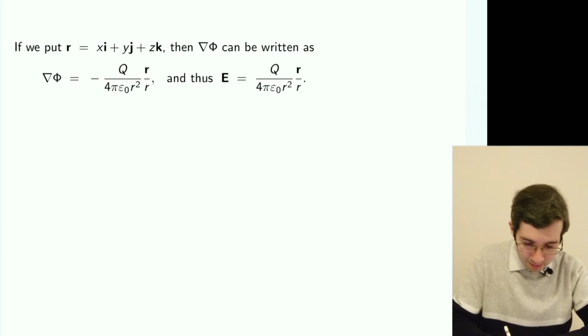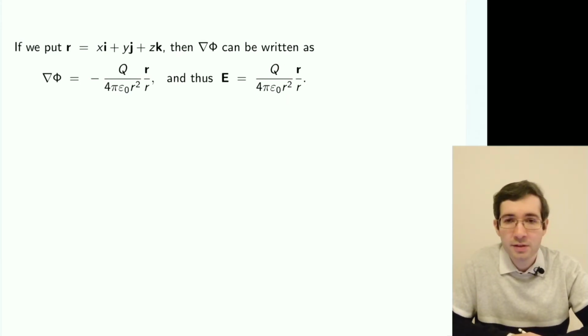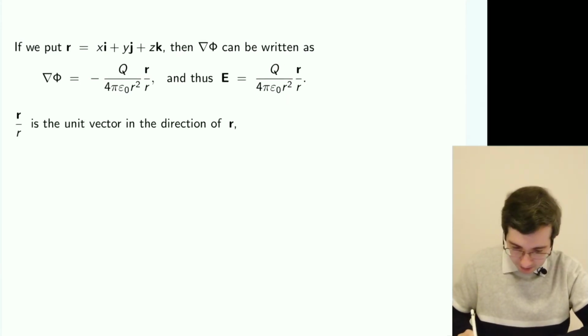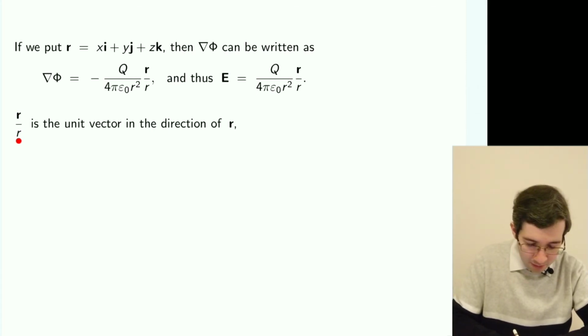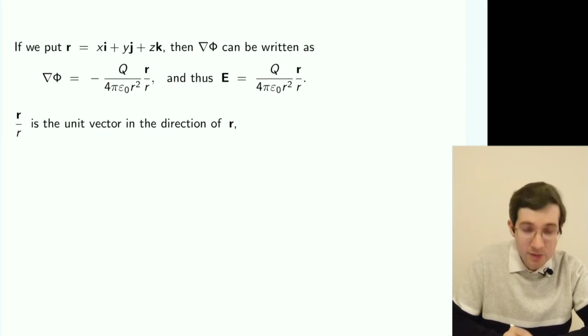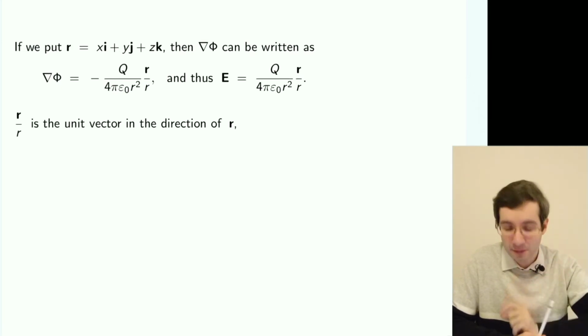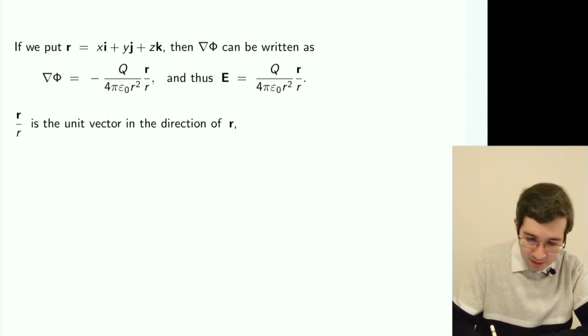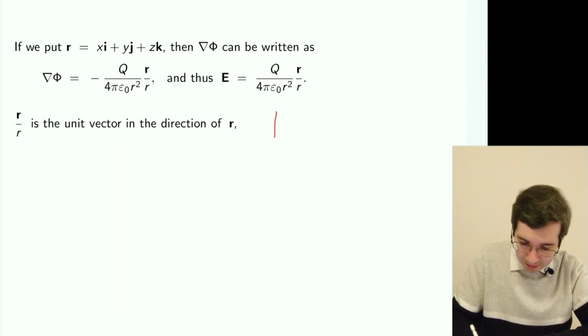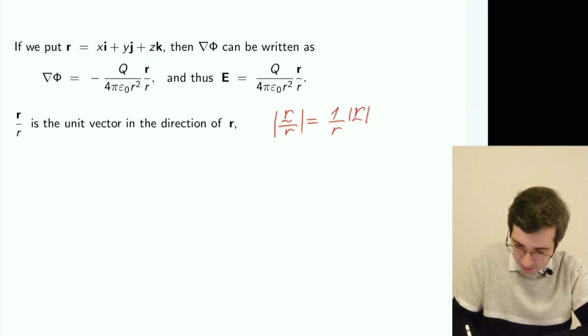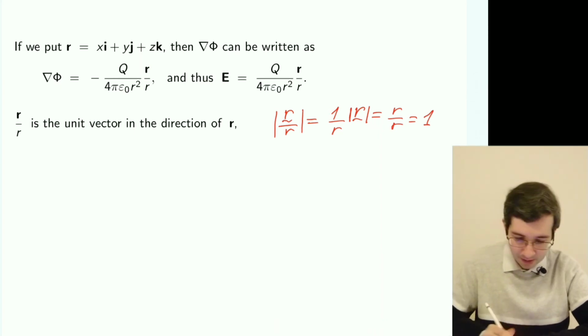And if you take the minus sign, we'll get the electric field. As I said, the r over r is a vector which actually has a magnitude of 1. Why does it have magnitude of 1? Because if you take the magnitude of r over r, you can take away r, and you will be left with the magnitude of r over r, which is 1. So the magnitude of this vector is 1.